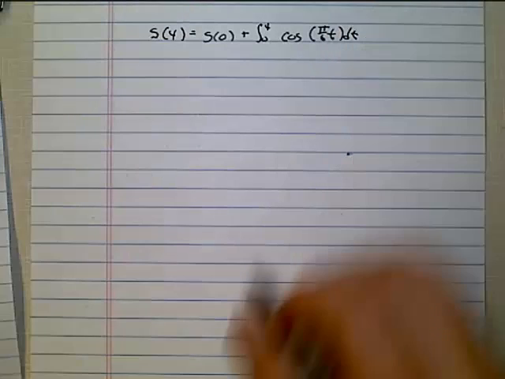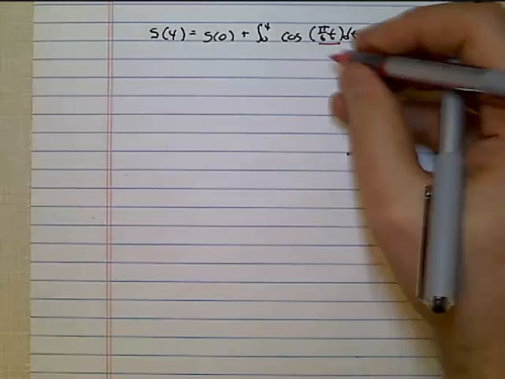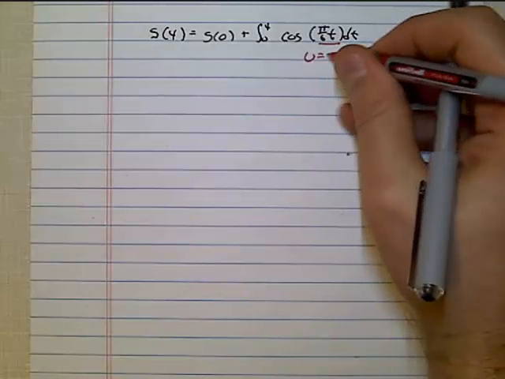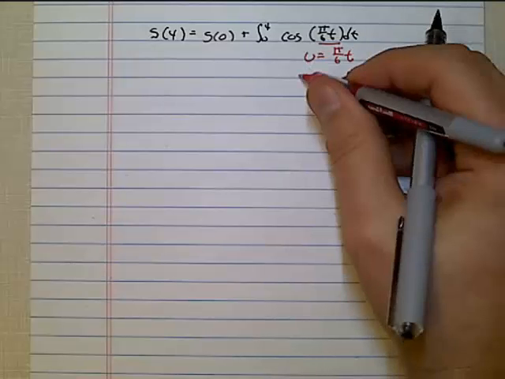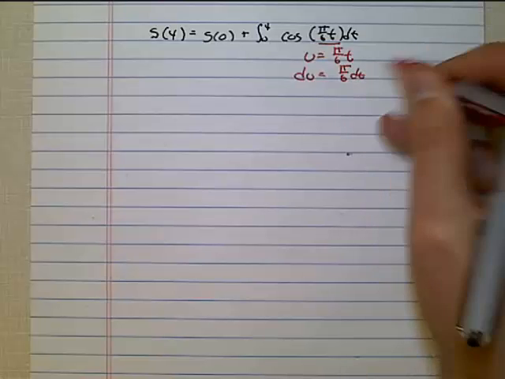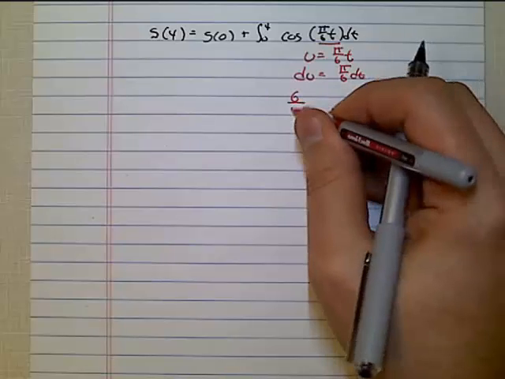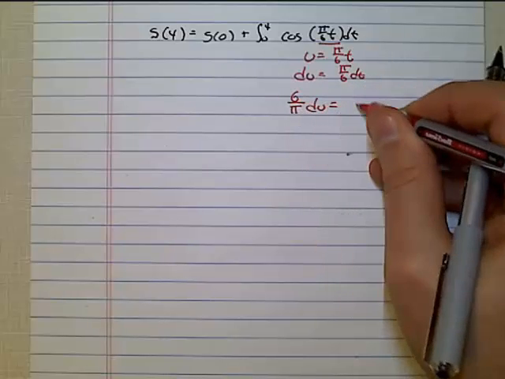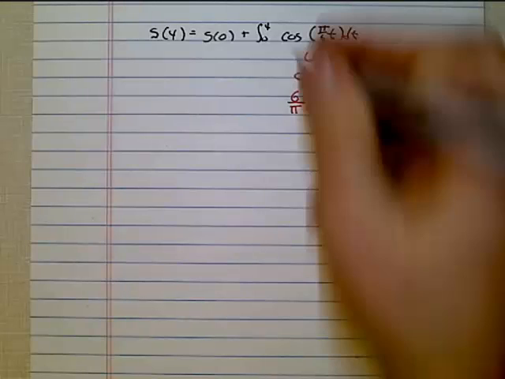Now we're going to solve this by doing a u substitution, because we have an inner function of pi over 6 t. So we're going to say u equals pi over 6 t, because that's our inner function. du is equal to pi over 6 dt. And we just have dt here, so we're going to move the pi over 6 and make it 6 over pi du equals dt. Now that we have that substitution, we're ready to rewrite this integral.